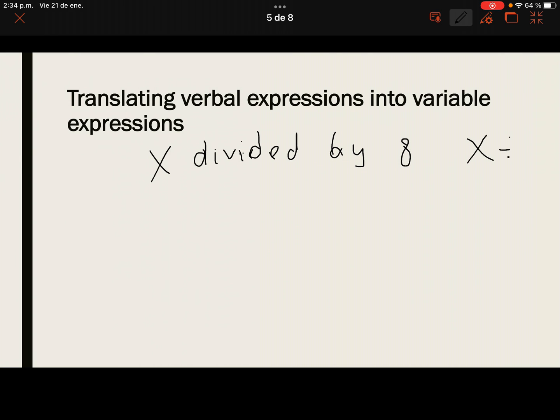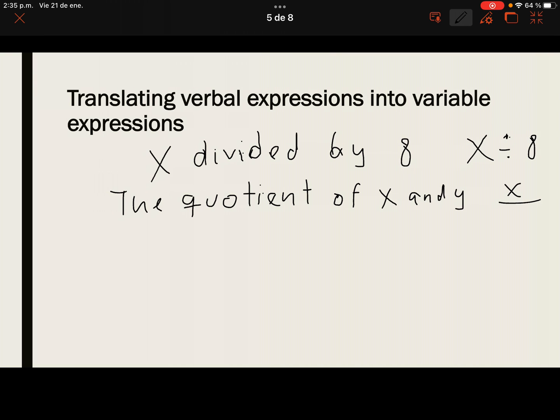Next one, "the quotient of." The quotient of x and y means x divided by y.